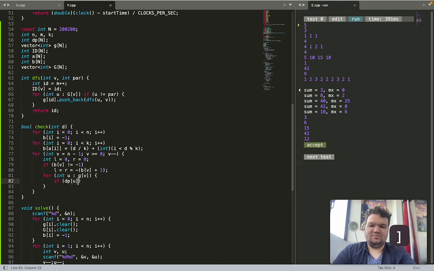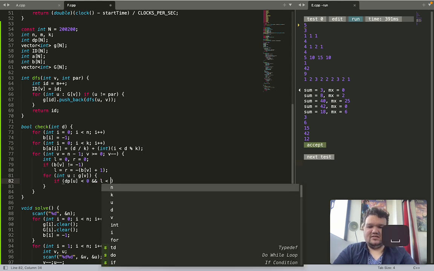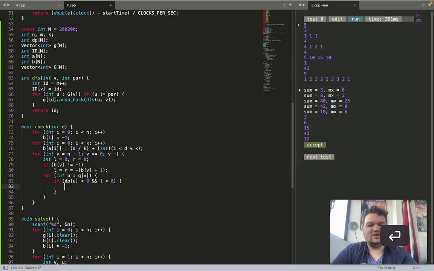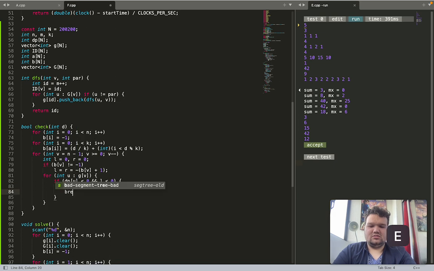If dp of u is negative and L is also negative, that means that there should be two paths that both contain vertex v, which is bad.